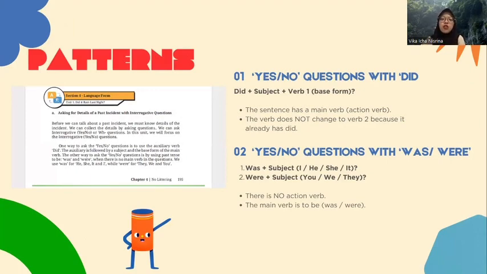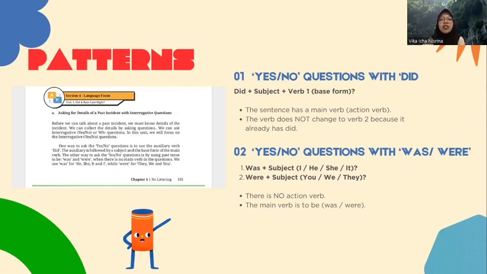Now I want you to open your books to chapter 4, page 195, section 4. Did you find it already? Yes. Okay, good. As you can see, there are two ways to ask questions, namely 5W plus 1H questions and interrogative or yes or no questions.